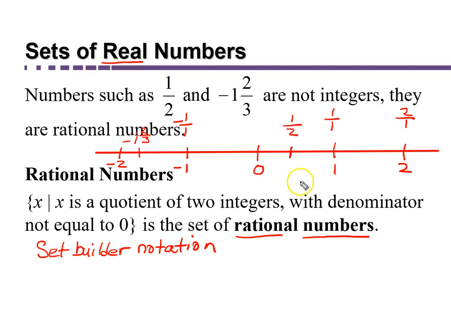Now, something else I'd like to include here is that if we take the fraction 1/2 and change it to its decimal form, it becomes 0.5, and then it just stops. We say it terminates.